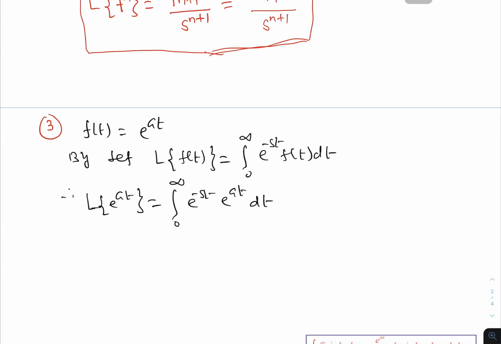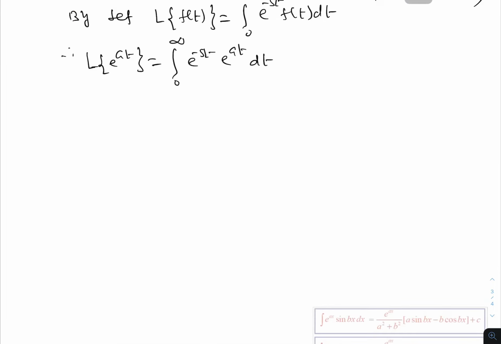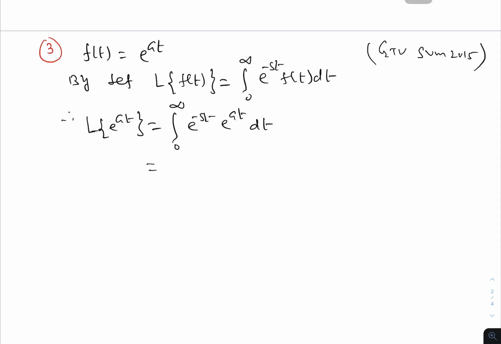Okay, now even this was also asked in GTU summer 2015. So we can now combine this e to the power. So can you write it in this way, e to the power minus st plus at.